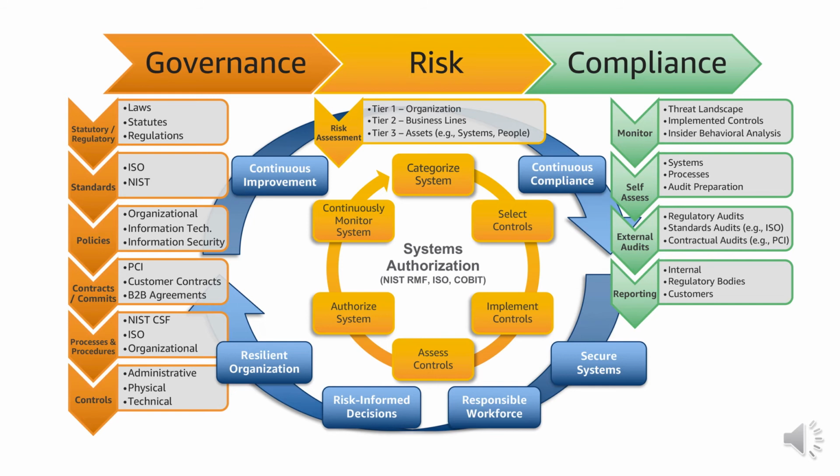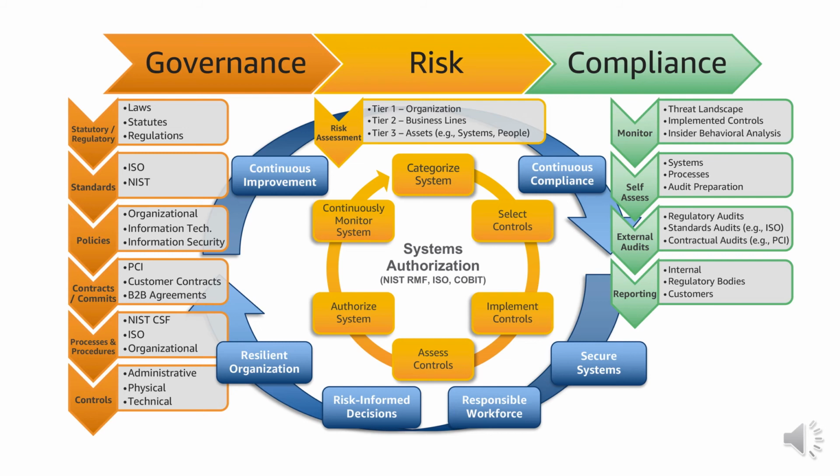The self-assess is done to see the systems, process, and audit preparation. External audit is related to the regulatory audits, standard audits such as ISO, contractual audits such as PCI, and the reporting is done as internal reporting, regulatory bodies reporting, and customers reporting. All three types of reporting are there on AWS.